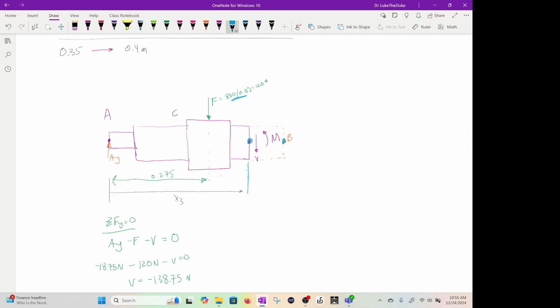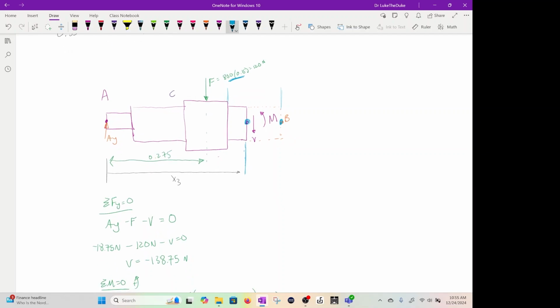So we have AY, F, shear in the moment now. Okay. And again, this will go from that section from here to B where that force is. So we have AY minus F minus V. And then we have V equals negative 138.75. So that's a constant in this section.